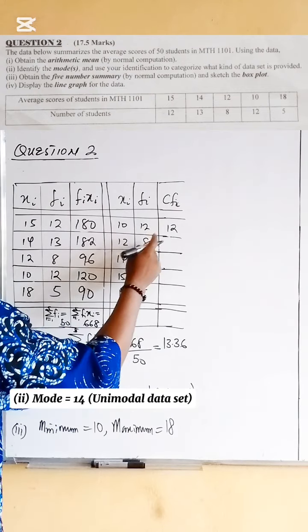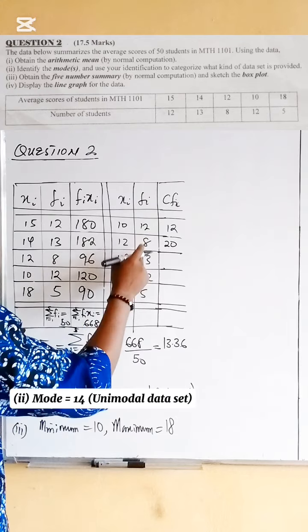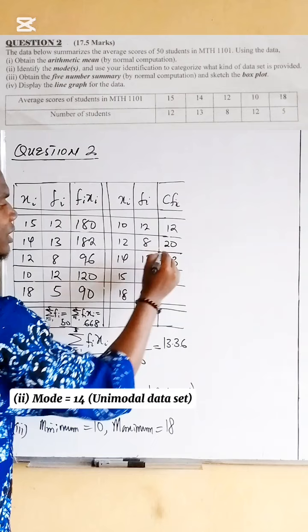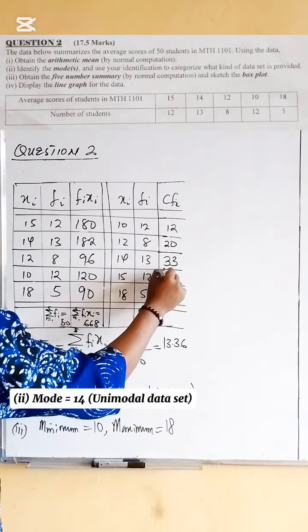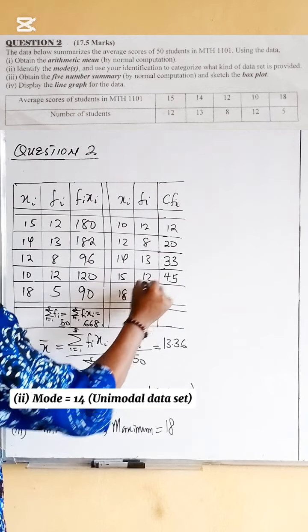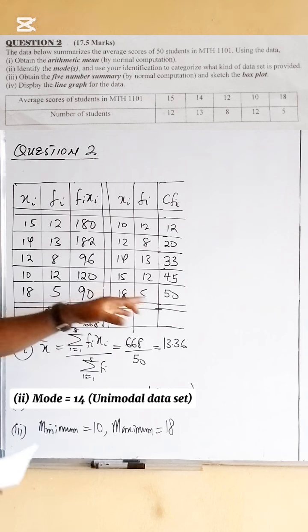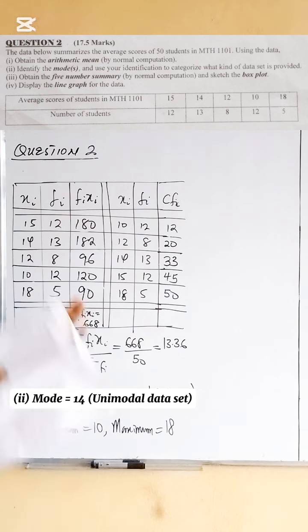The next will be 12 plus 8, which is 20, being the second cumulative frequency. 20 plus 13, or 12 plus 8 plus 13, will give you 33, the next cumulative frequency. Added to 12, this will give you 45. And finally, adding 45 to 5 will give you 50. Notice that your final cumulative frequency is the same as your total frequency, and that shows you are correct.